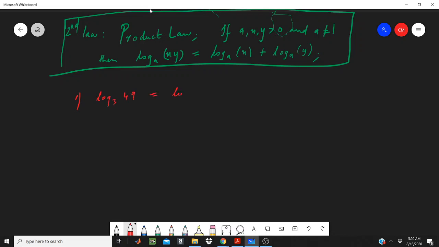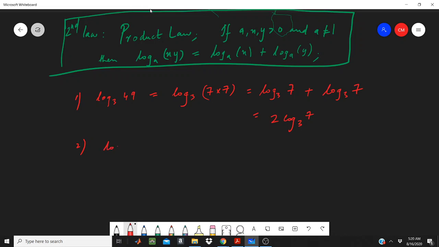This is equal to log 3 of 7 times 7, and using the law above, the product law, is equal to log base 3 of 7 plus log base 3 of 7, which is 2 log 3 of 7.